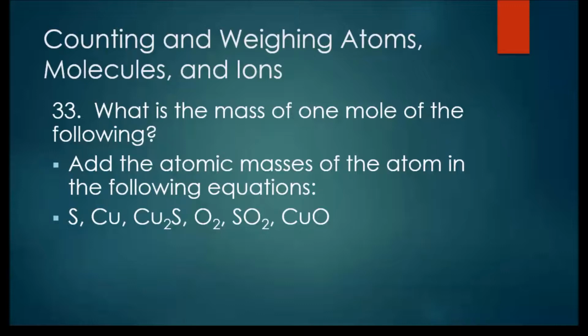So look up sulfur on the periodic table. What is its mass? 32.10 in grams. We've already said copper is 63.50. What about a FU that has 2 coppers and a sulfur?